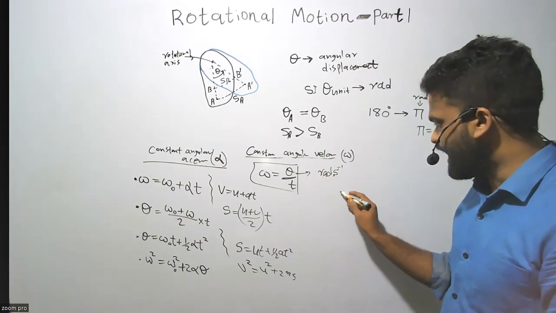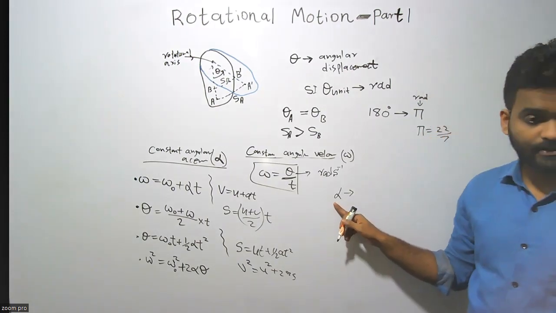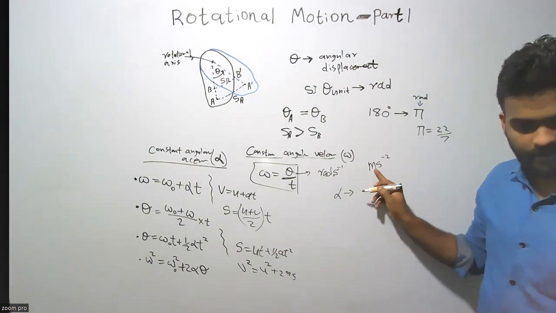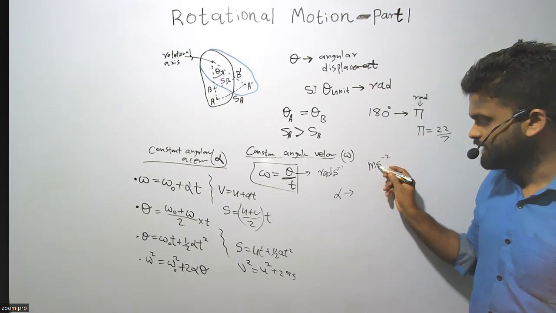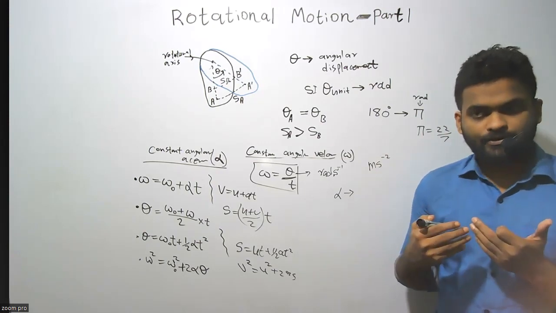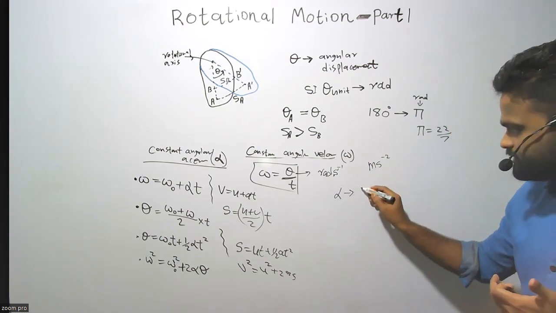Then if you think about alpha, that is angular acceleration, right? Linear acceleration is meters per square second. But for angular acceleration, instead of the distance, what we have now is an angle, and that angle is measured using radians. So instead of meter, just put radian there.